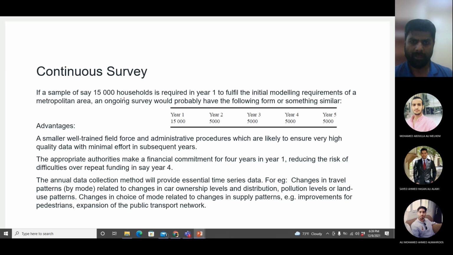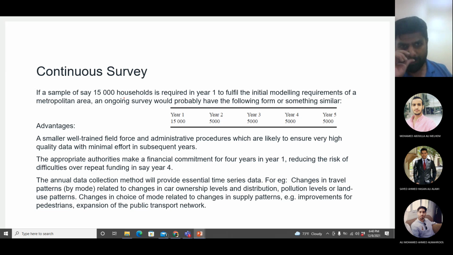Government organizations usually collect their data in continuous form. It will not happen that they will collect data now and then for the rest of the 20 years they will not collect the data again. They collect data on regular basis, and this is how they can calculate the trends, the growth rates. They can compare between different years and so on. So continuous data is the normal practice in the government sector.